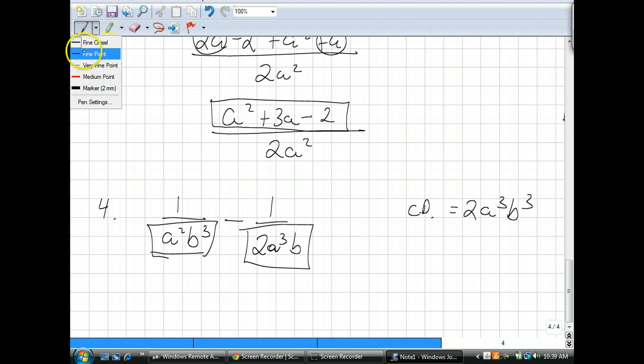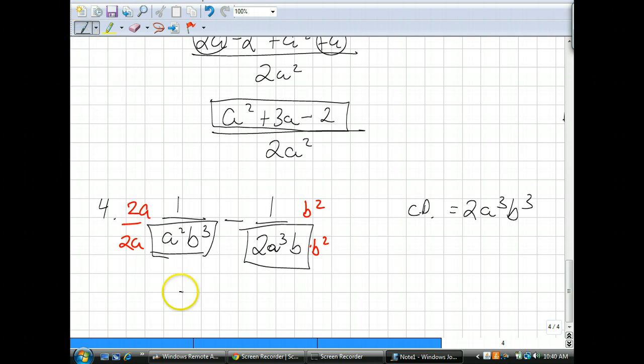So I'm going to multiply in the first rational. I need a 2. I need another a to make the a squared into an a cubed, and I have the b cubed. In the second rational, I have the 2, I have the a cubed, I have 1 b, I need 2 more b's. So I'm going to multiply top and bottom by b squared.